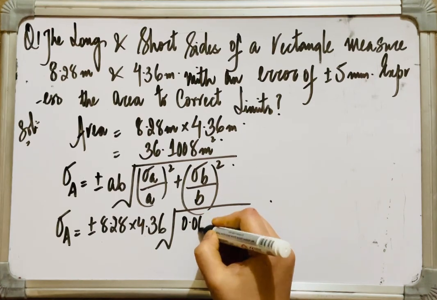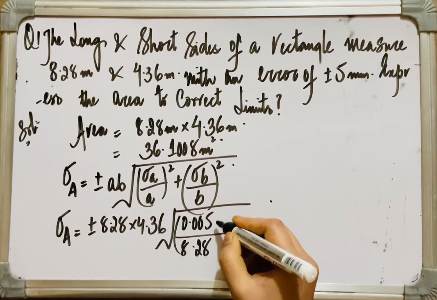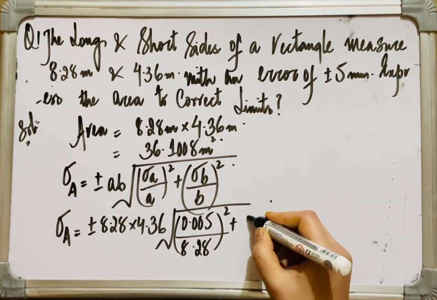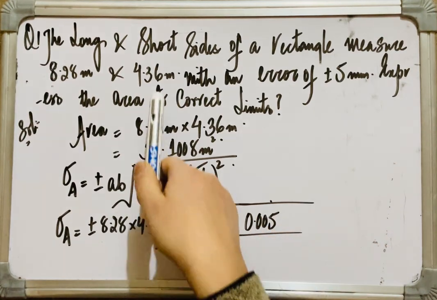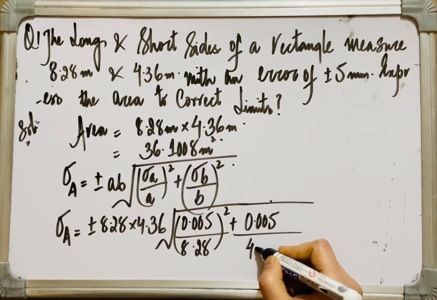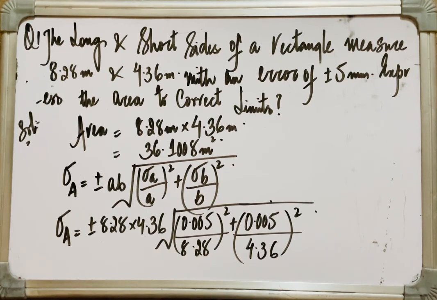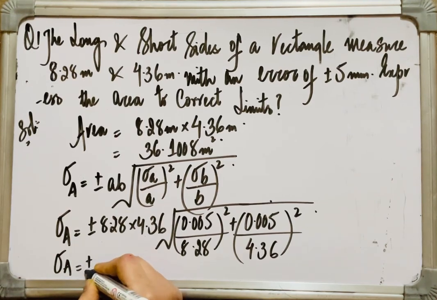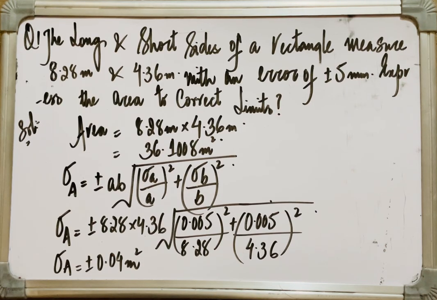It is 0.005 meters divided by A, which is 8.28, square of it, plus sigma B, also 0.005 meters divided by B, which is 4.36, square of it. By using the general expression for the propagation of errors, by calculations my answer is plus minus 0.04 meter square.